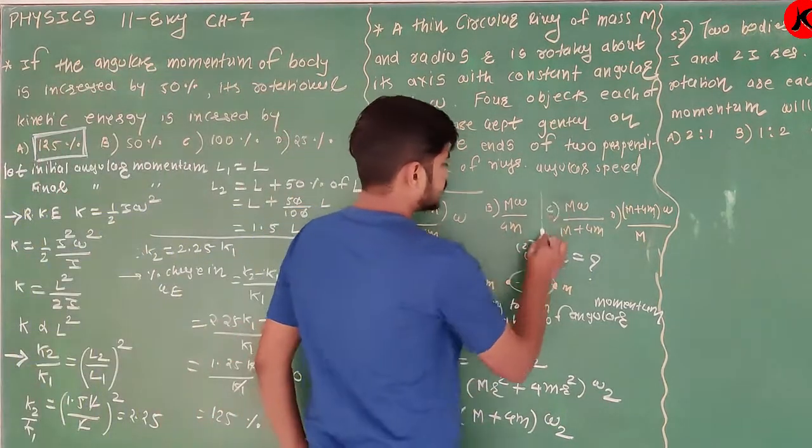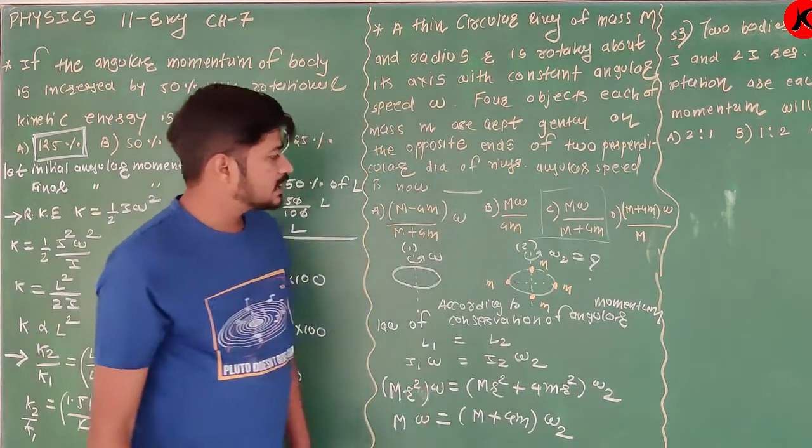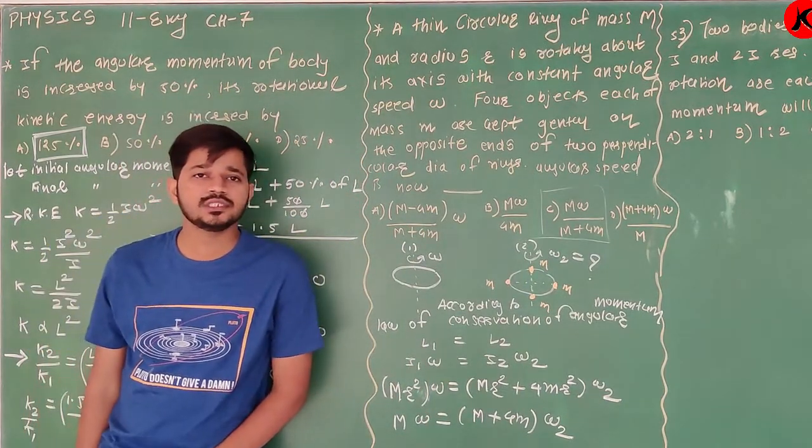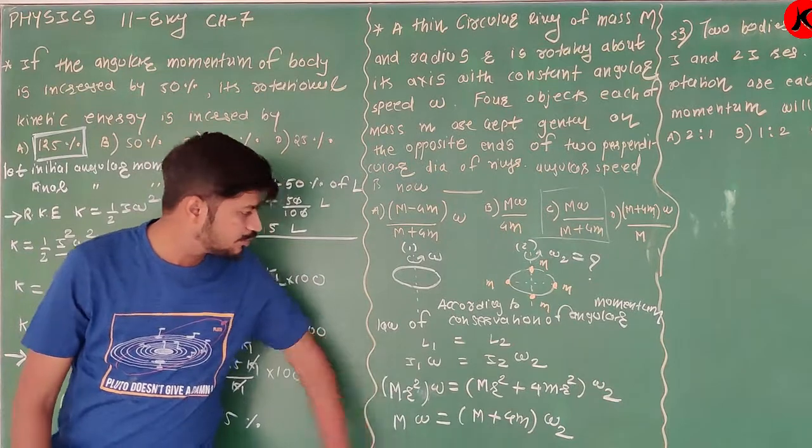So obviously your answer is option C, m omega upon m plus 4m. Simple.